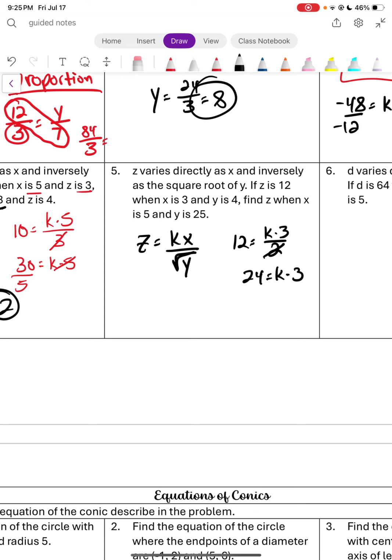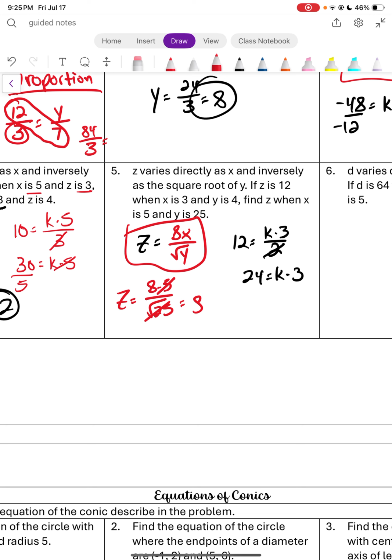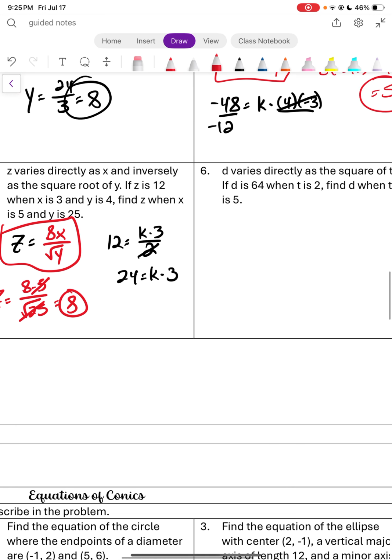So obviously k is 8. So I'm going to go back over here and put 8x over the square root of y. There's your variation equation. What is the value of z now when x is 5? So it's going to be 8 times 5 on top, and y is 25. So the square root of 25 is 5, so those will actually cancel and gives you a z value of 8.